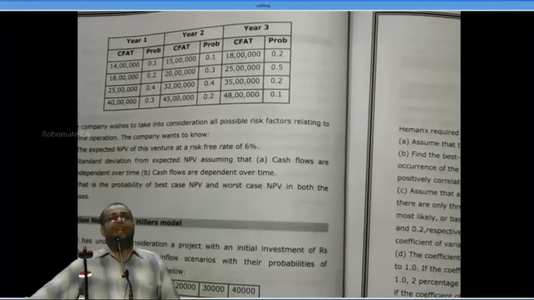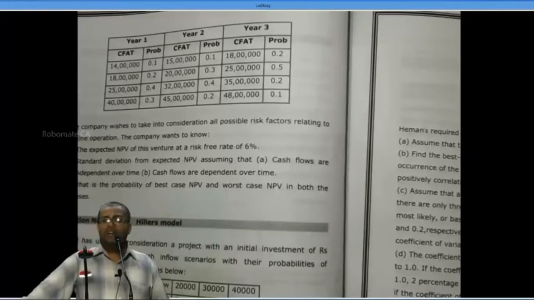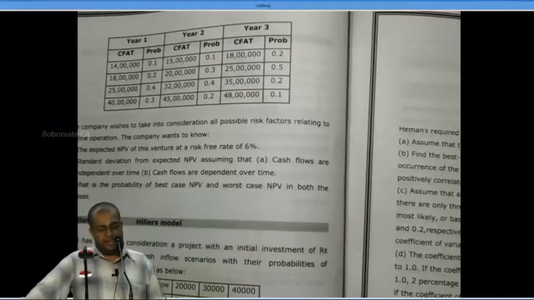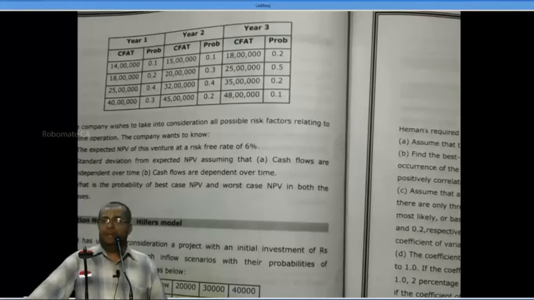First branch is cash flows are dependent. Second branch is cash flows are independent. For cash flows dependent, put a down arrow mark and write.